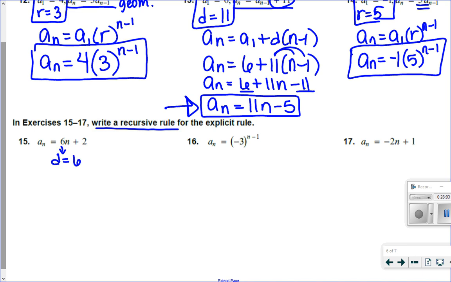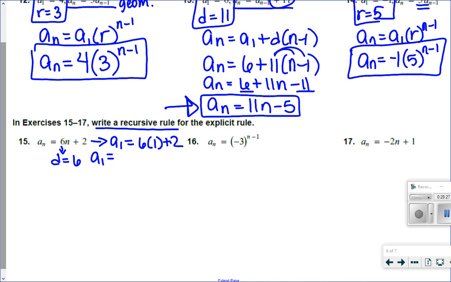Okay, and then the only other thing I need is what is the first term in this sequence? Well, that's what explicit is all about. Sorry, I'm about to write the recursive. So if I want to know what is the first term in the sequence, all I do is plug in a 1 and say what is 6 times 1 plus 2, right? Because I want the first term.